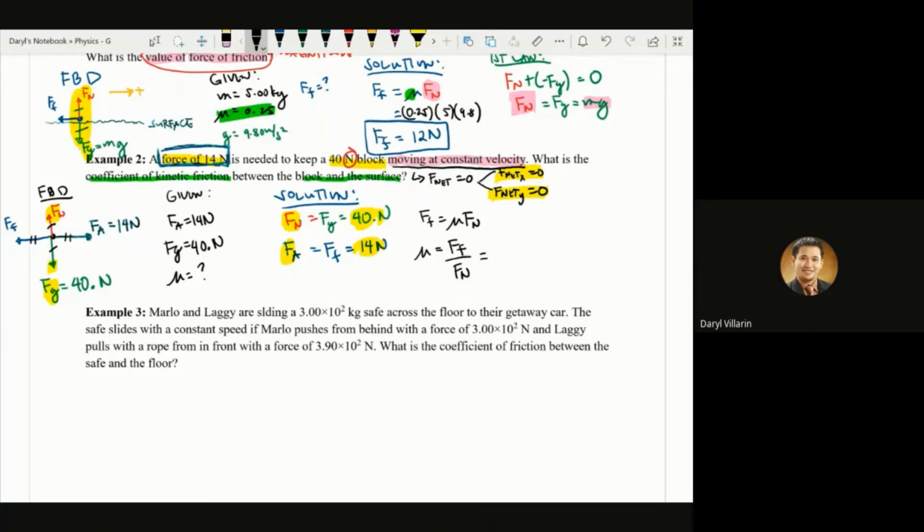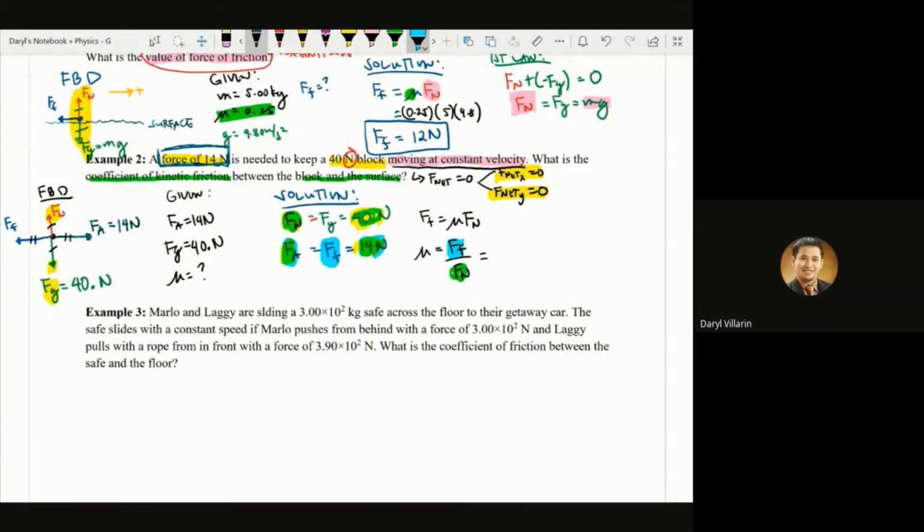Just check whether all of these quantities are given. Fn is 40 newtons, so that's given. We also have Fa, equivalent to Ff, so that's 14 newtons.